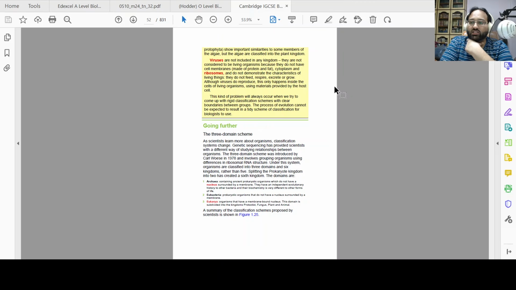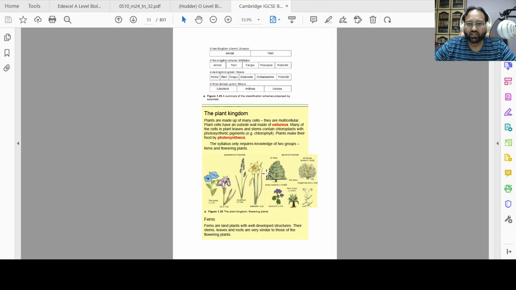Also within the IGCSE syllabus, there's the core and extended syllabus. The yellow part is the extended syllabus, and obviously you're doing the whole thing. The green boxes I explained earlier mention going further, so this is not part of it. You can read it if you want, but it's not part of the syllabus. All right, move on.